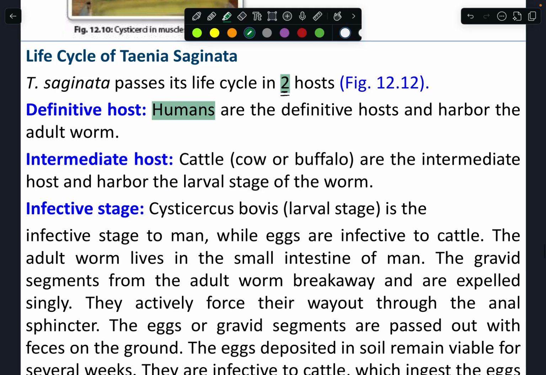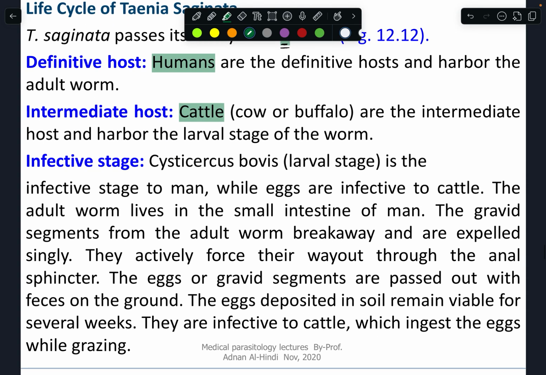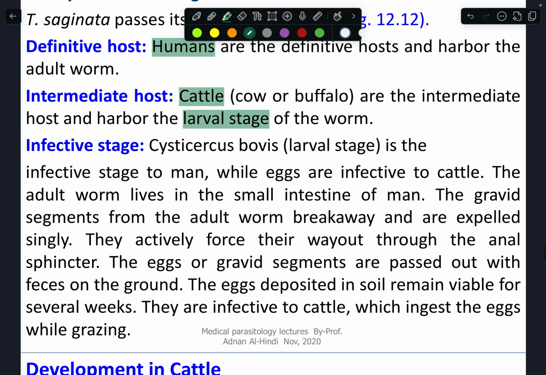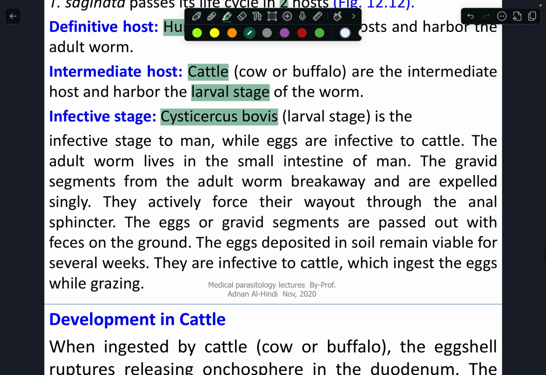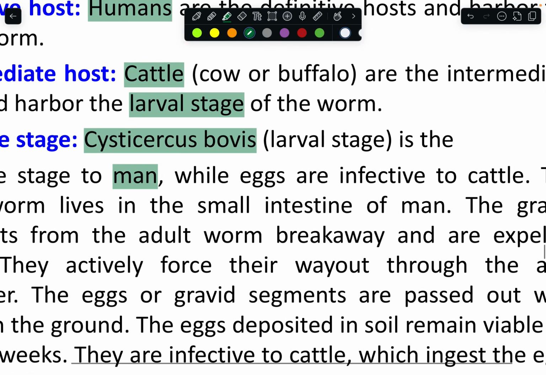The intermediate host are the cattle, cow or buffalo, and they harbor the larval stage of the worm. The infective stage, Cysticercus bovis, is how we get infected, and that's how we become the definitive host.